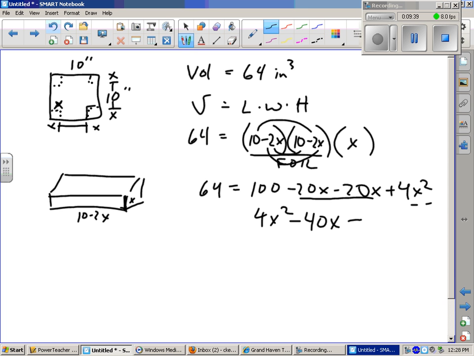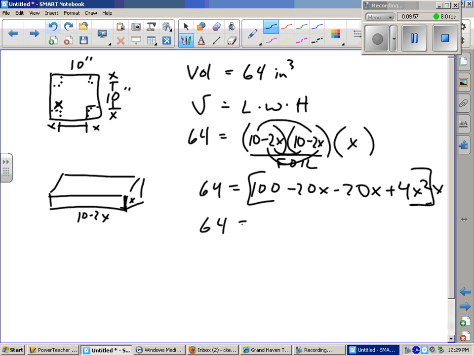I'm getting stuck here with the x. Oh, I know what I have to do. This x I need to distribute first, so let's back up again. My bad. Okay, so I need to distribute the x throughout all of this first.